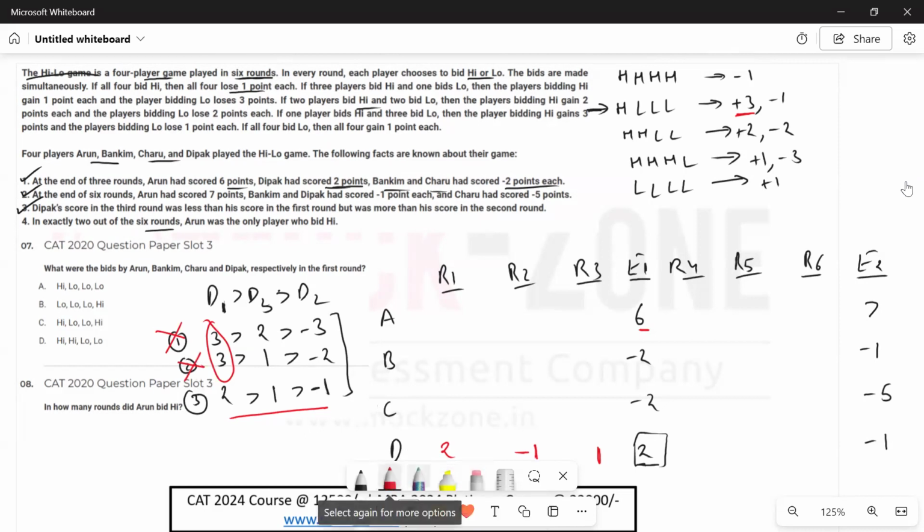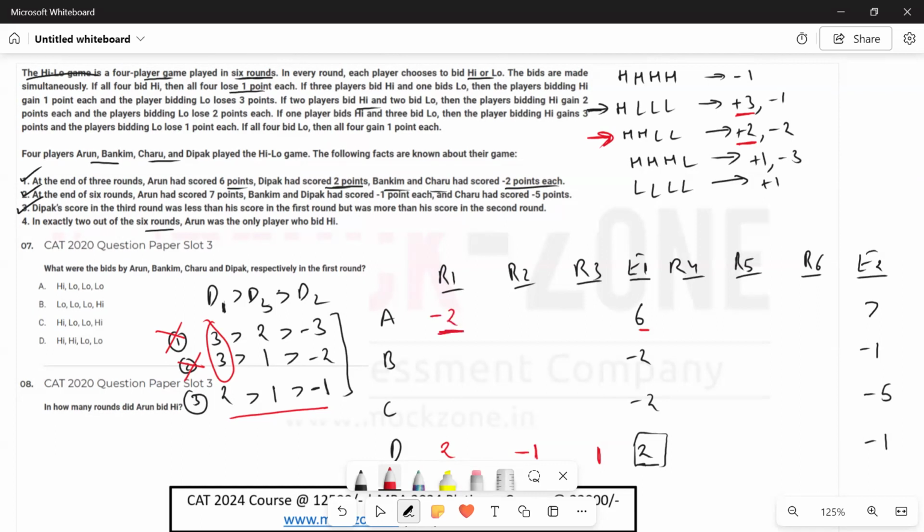Okay. Now if we know that D1 is equal to plus 2, so what is the options here? That plus 2 सिर्फ एक ही जगह है इस वाले केस में, that this case is being played over here, 2h and 2l. Can A take the value of minus 2?